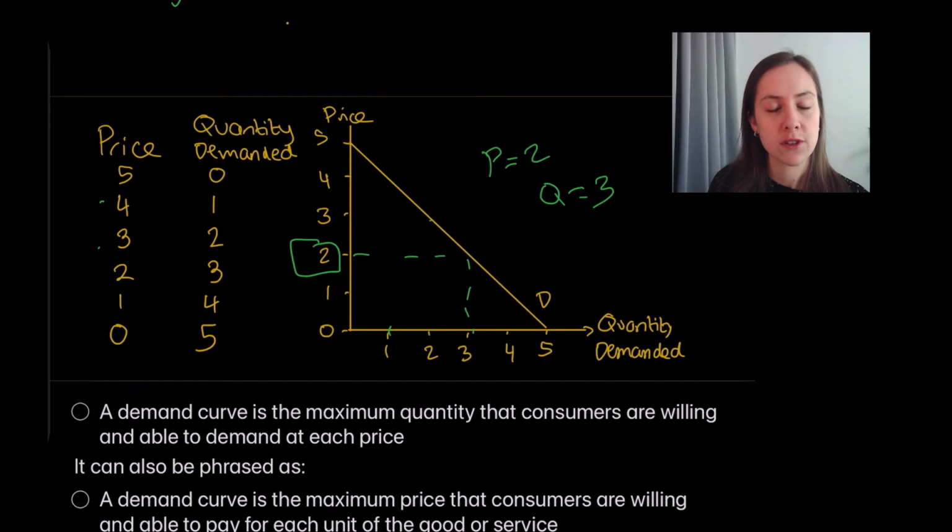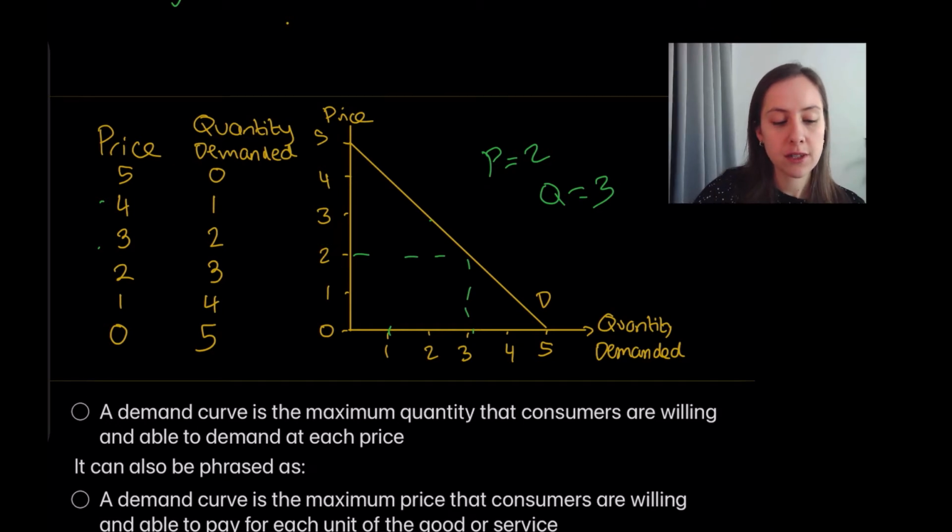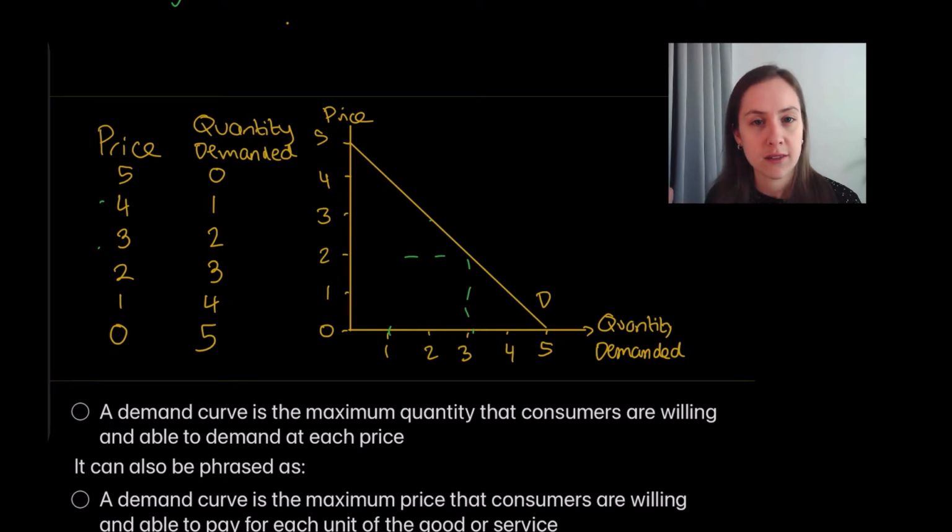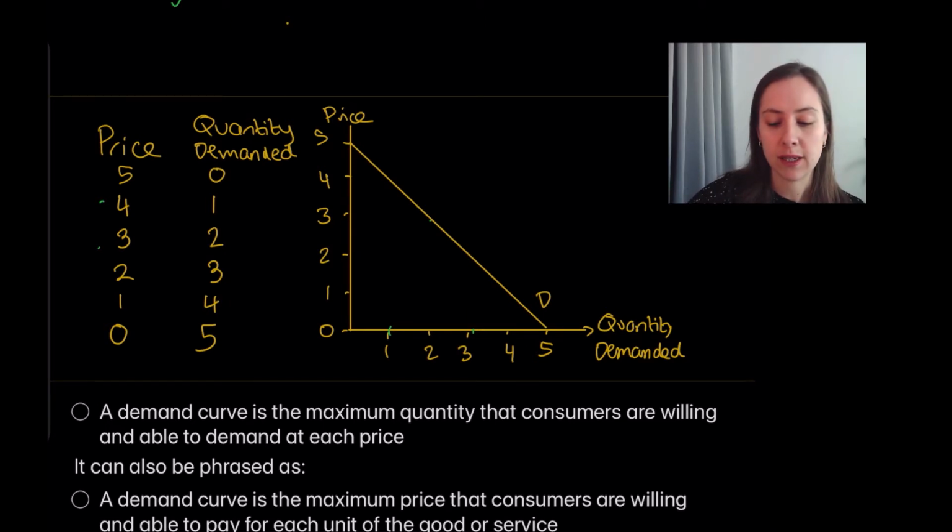But the one that I'm going to use for this video is a different version of the same idea. So we're going to look at the second way to define a demand curve. And that one is the maximum price that a consumer is willing and able to pay for a given quantity.